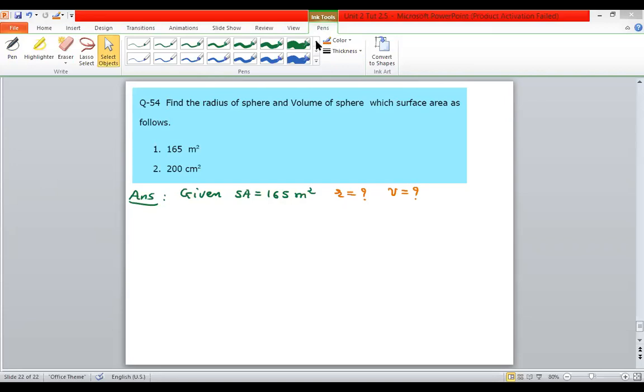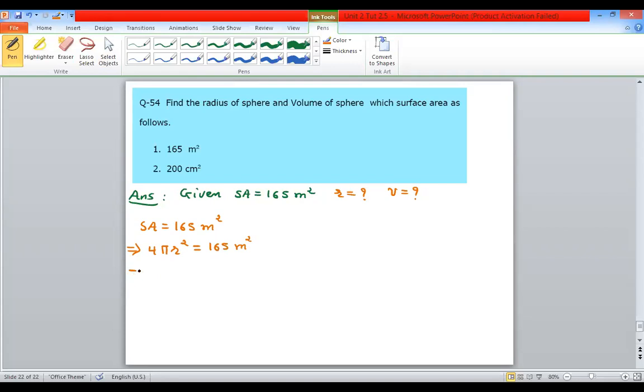So first of all, I have a surface area, 165 meters square. Put the formula of the surface area: 4 pi r square is equal to 165 meters square. I want to find the radius.